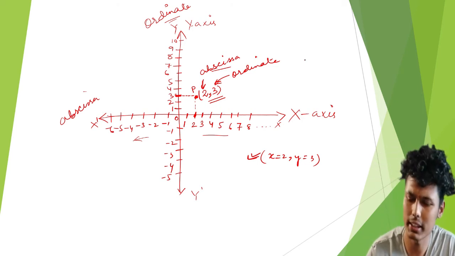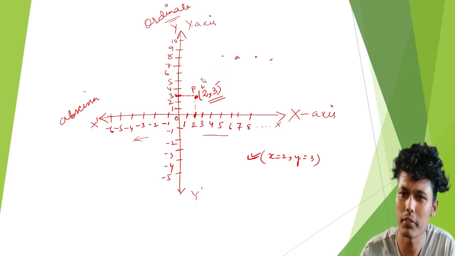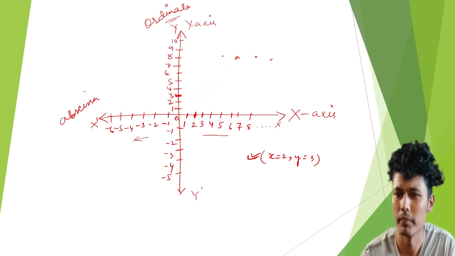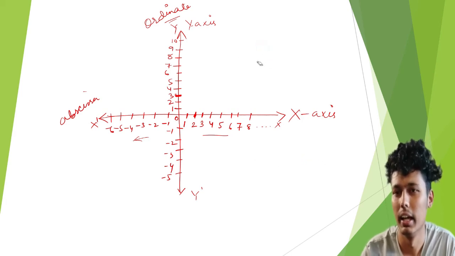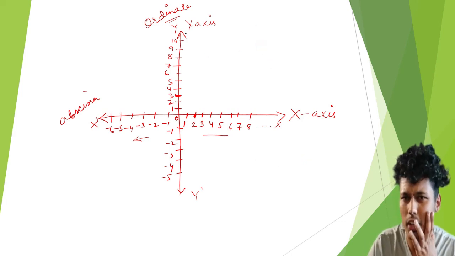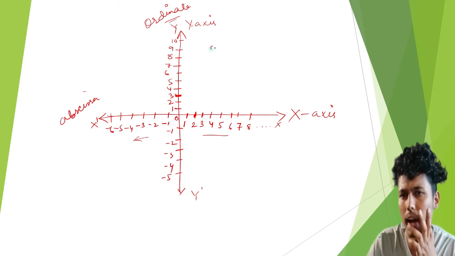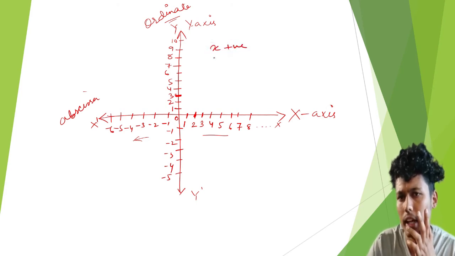Now let me give you another thing. If you happen to draw this kind of graph, I've noted it like this. If you look here very carefully, this first one, both x and y are positive. X is positive and y also is positive.